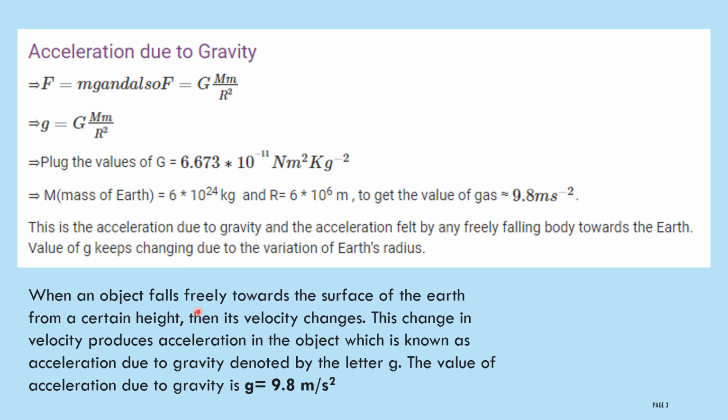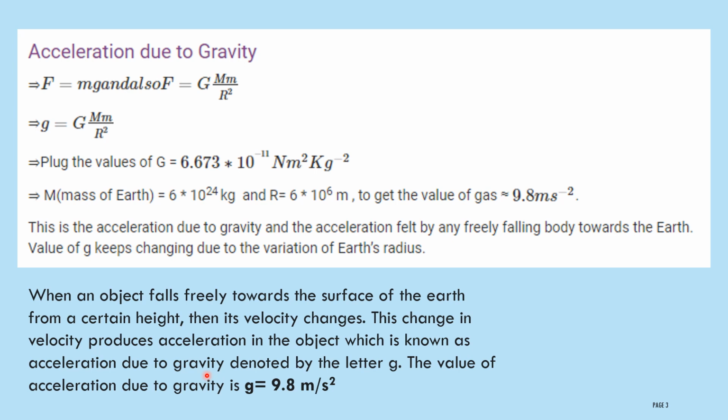When an object falls freely towards the surface of the earth from a certain height, its velocity keeps changing. This change in velocity produces acceleration in the object, which is known as acceleration due to gravity. The freely falling object acquires acceleration because of the gravity of the earth.